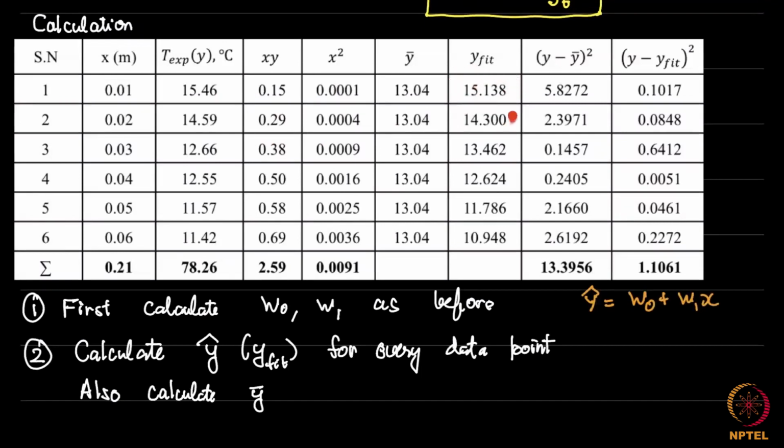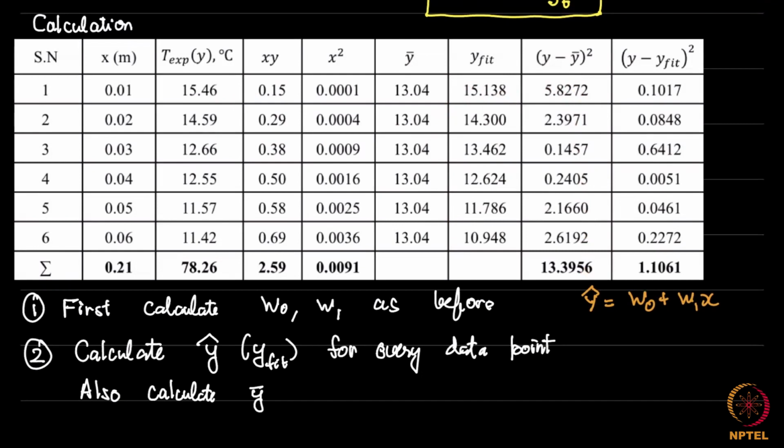Okay, so you have now recalculated W0 plus W1x. So x times W1 plus W0 is y fit. So you calculate this for these 6 quantities. Once you do that, you square it, y minus y fit square. This is the gap between your prediction and the actual data. You get this. And this is the gap between your data and the average data here. Okay, so you get that too.